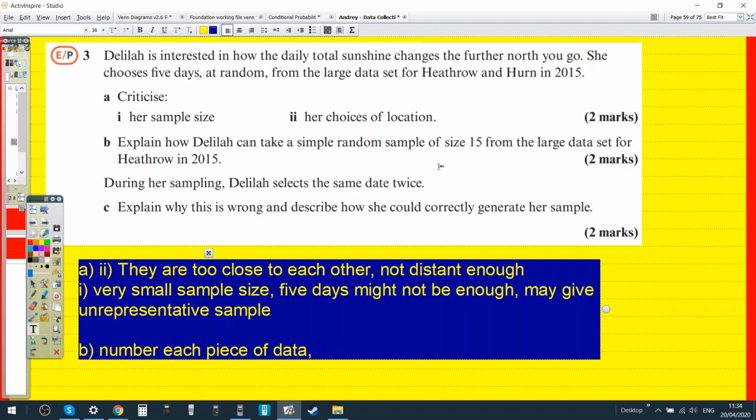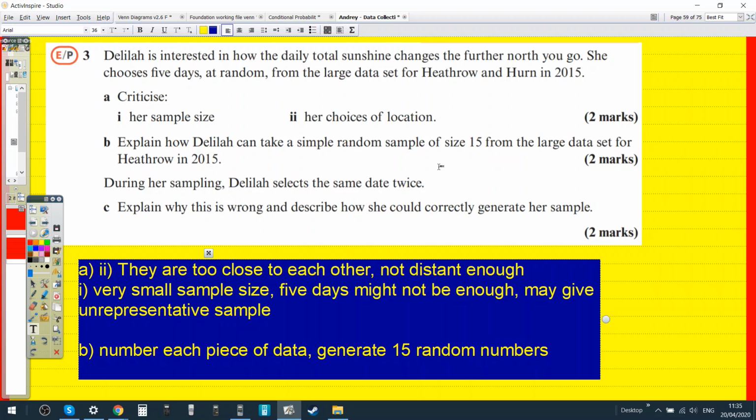There's a lot more. Number each piece of data, generate 15 random numbers using a calculator, and then select the ones that come up.